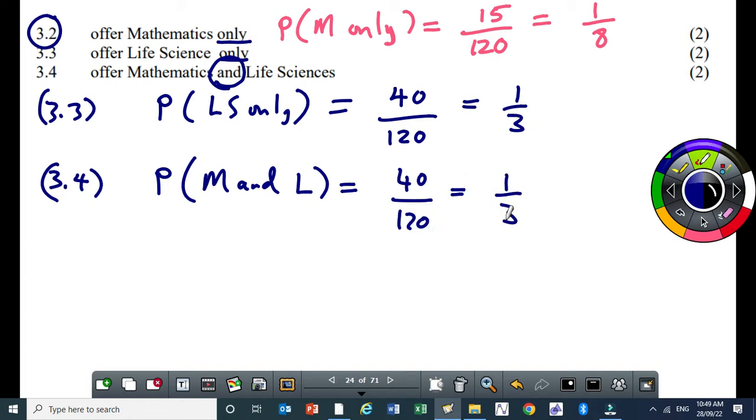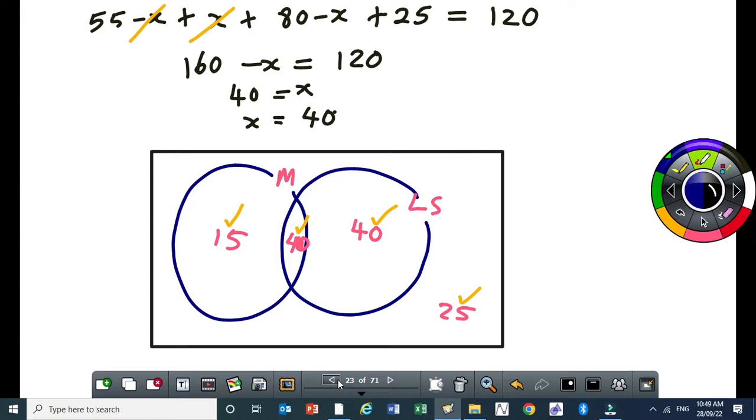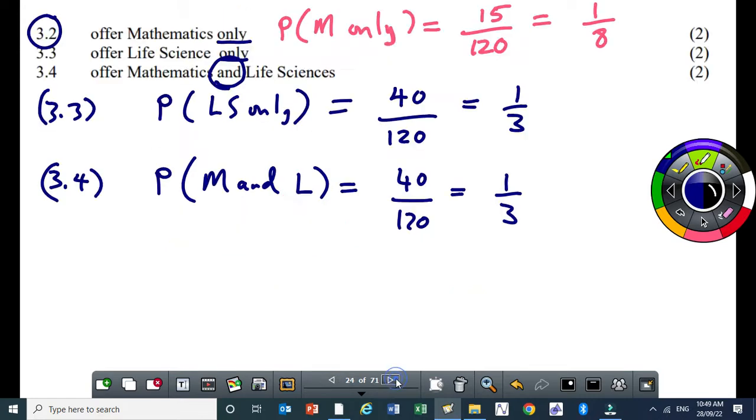Also, I just need to let you know. Let's say, like in this case, the question does not say that you must leave your answers in simplest form. Right? The question does not specify. Am I right? So if you leave your answer as 40 over 120, it will be correct. Unless the question says leave your answers in simplest form.